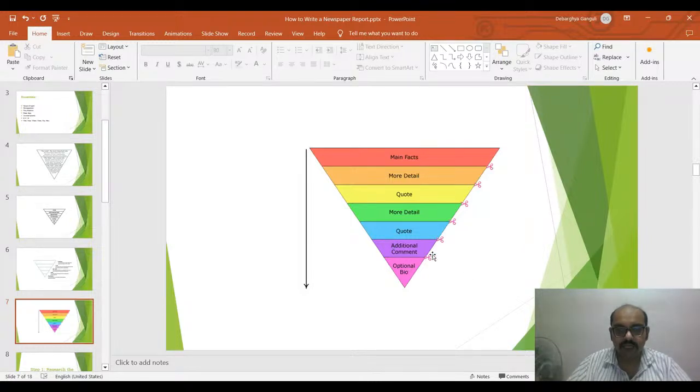So if the editor has to first cut off, he'll cut the optional bio, then the additional comment, then the quote, then the more detail, then the quote, then the more detail, and he will keep the main facts if necessary, because 10,000 things are happening and the newspaper does not really have infinite space. So all news houses have to choose between which news items to keep and which to reject.